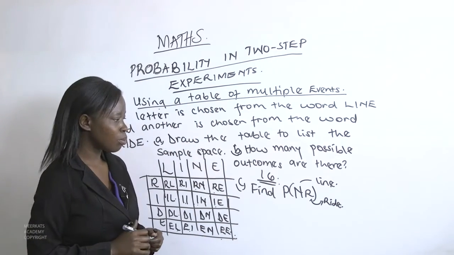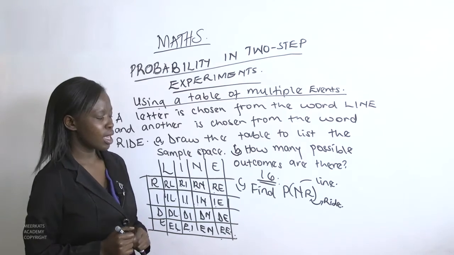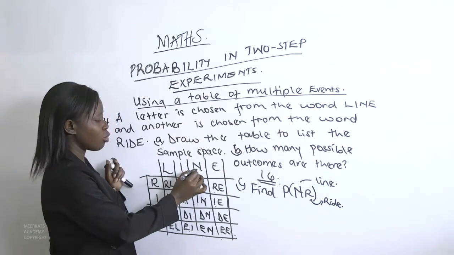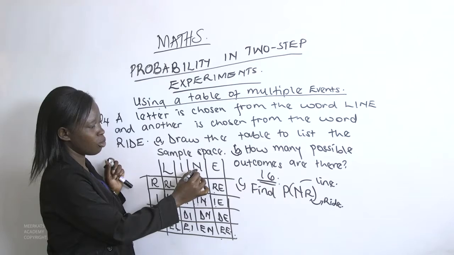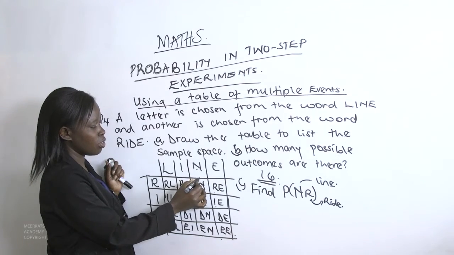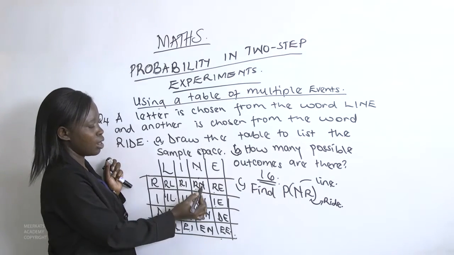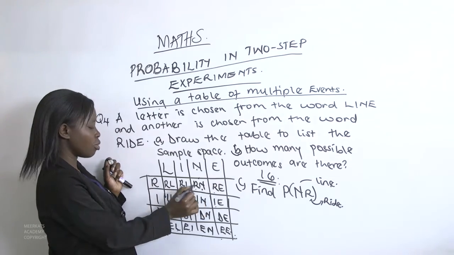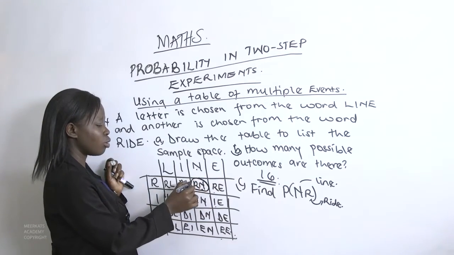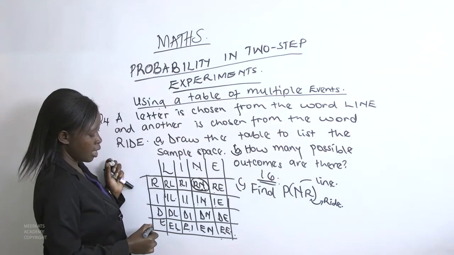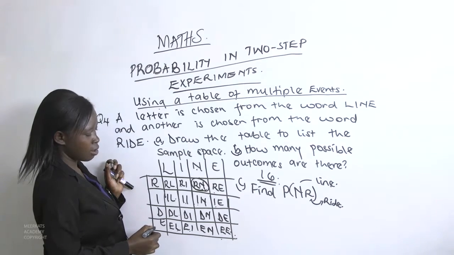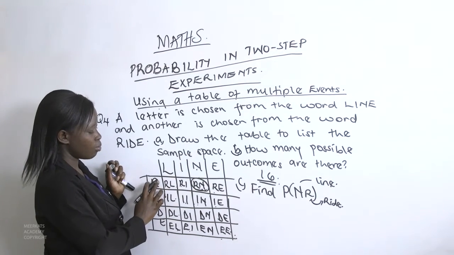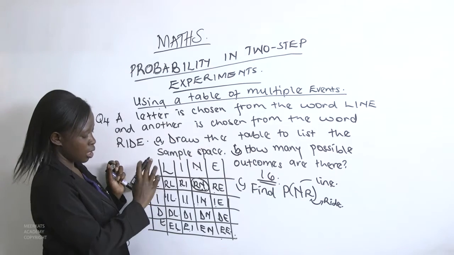So we find where we are having N from the word line. So this is our word line, N is here. Then the probability of R being chosen from the word ride. So this is the outcome where we are having N being chosen from line and R being chosen from the word ride.